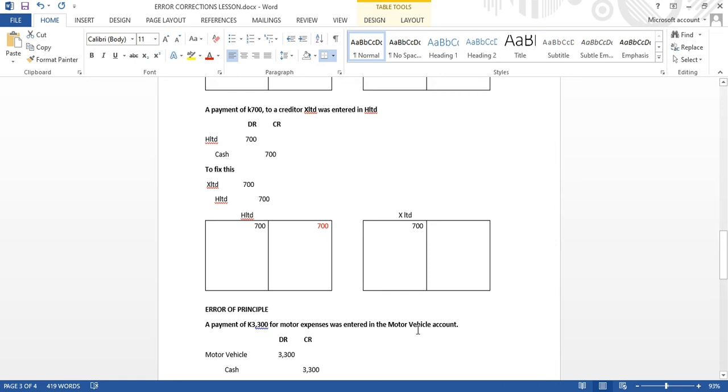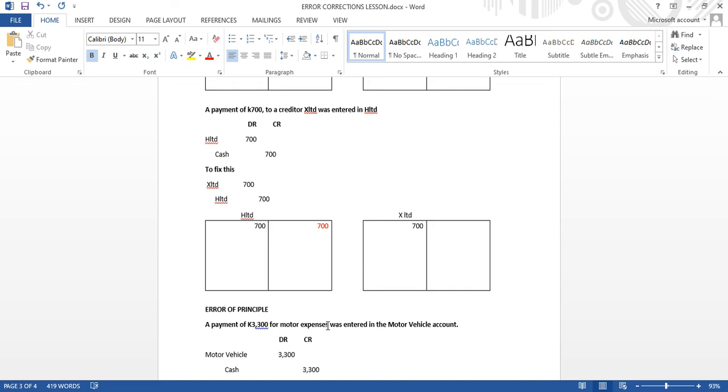The correct entry was to credit cash, because cash is an asset that is reducing, and debit the motor expenses. Remember the rule of thumb: whenever you see an expense, just know that expense is being debited.